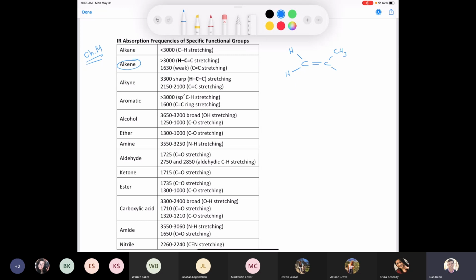Let's say we had an alkene like this, for example. Okay, we're going to have a dipole here, so that's going to give us this absorption. But then we also have the sp2 hybridized carbon-hydrogen bond, which is going to be just above 3,000. It's usually around 3,100 reciprocal centimeters. All right.